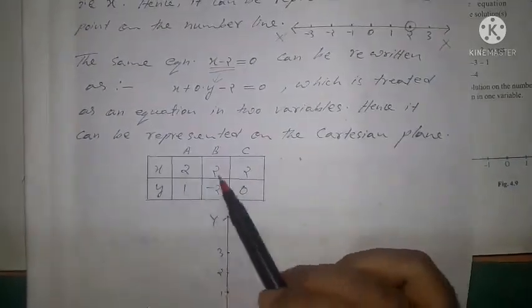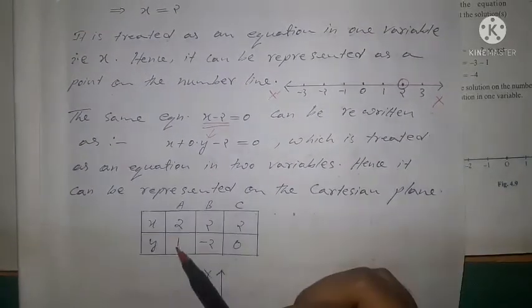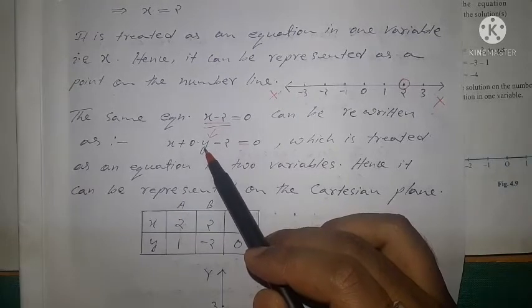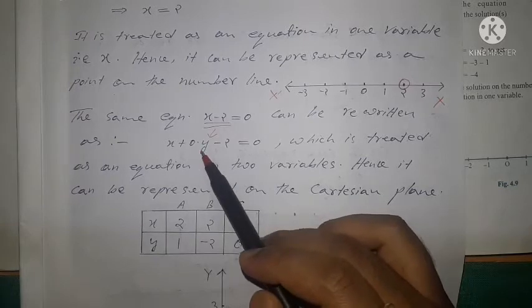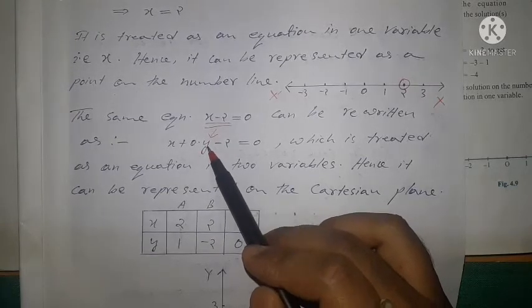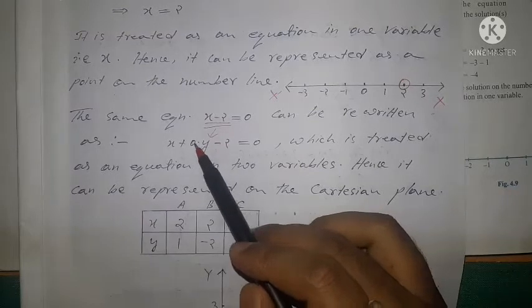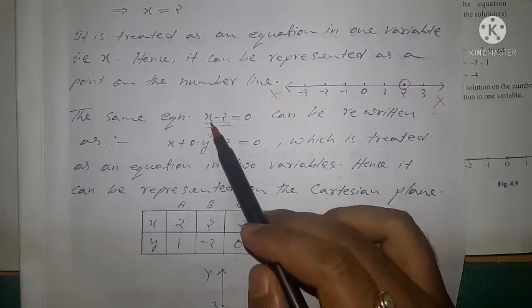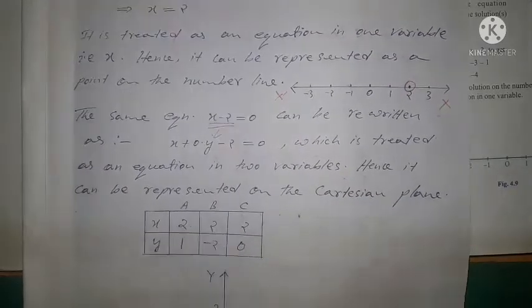So let us take some points. If we take the value of y as 1, since the coefficient of y is 0, we can take any value and it will become 0 since it is multiplied with 0. So suppose we take 1. If the value of y is 1, then 0 into 1 becomes 0, so the equation remains x minus 2, and therefore the value of x will be 2.